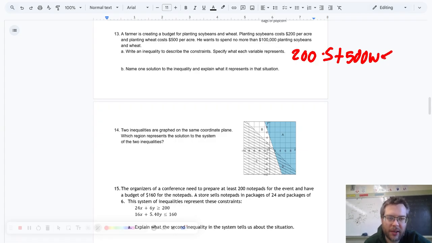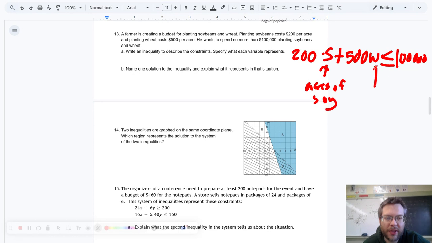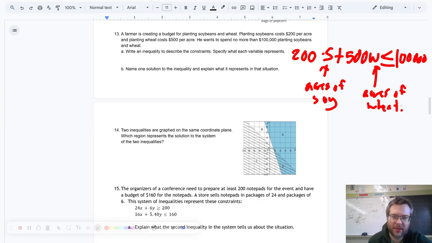So he has to spend less than, but he could spend equal to $100,000. S stands for acres of soy, and W stands for the acres of wheat. Name one solution to the inequality and explain what it represents in that situation.